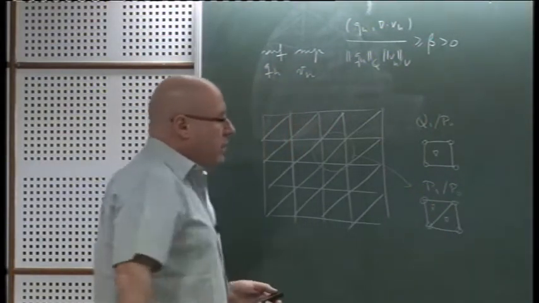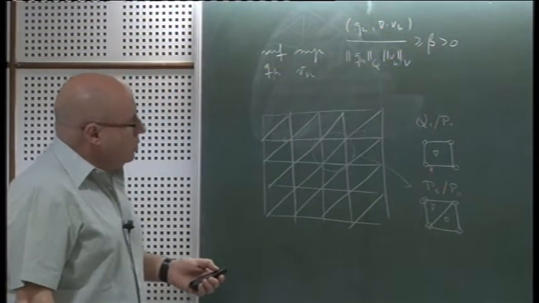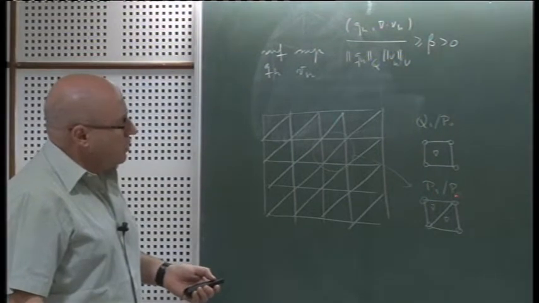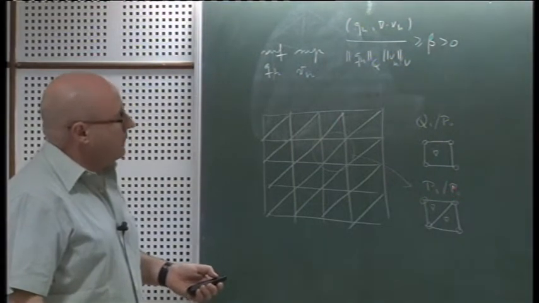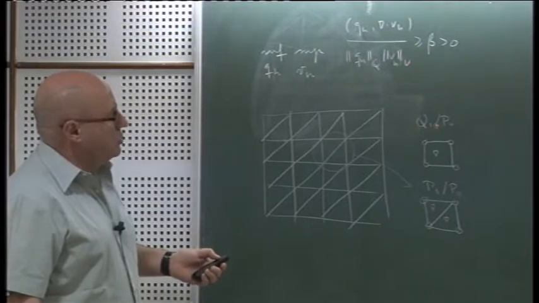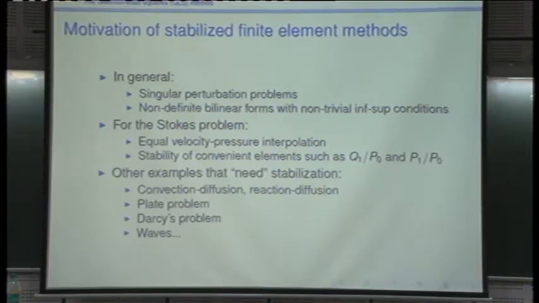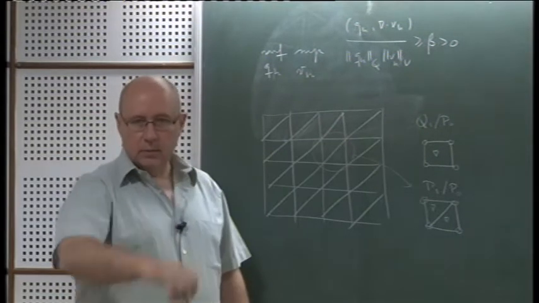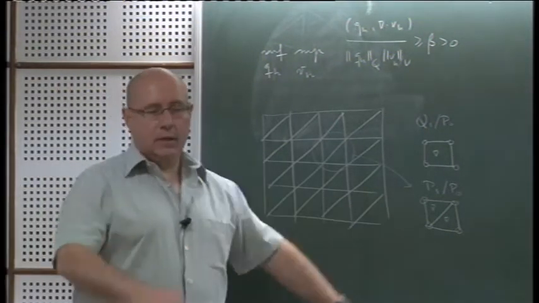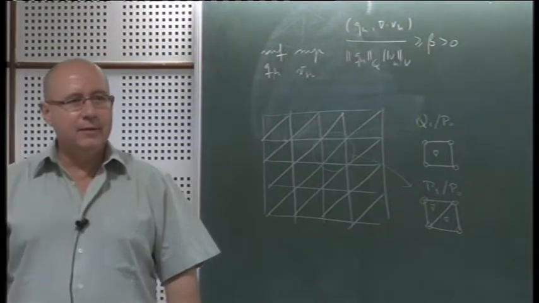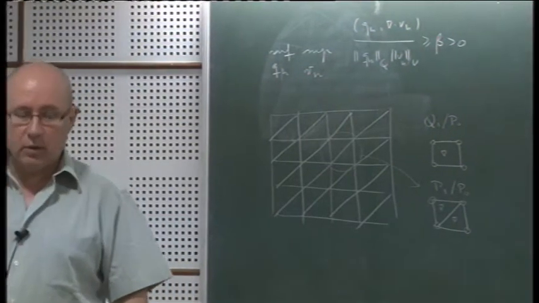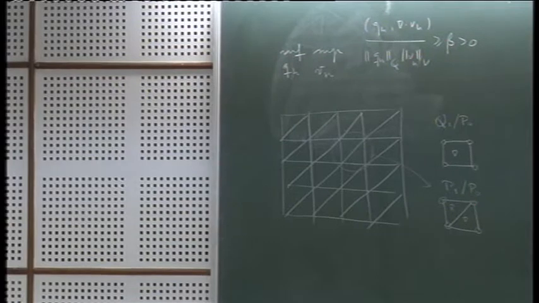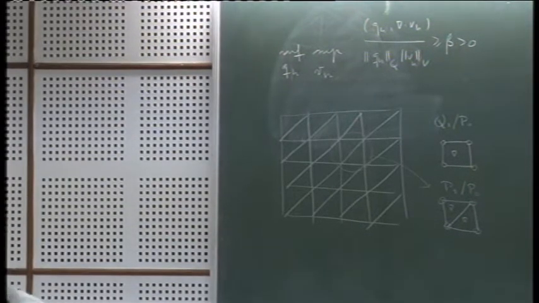So in the P1, P0, the ratio of velocity unknowns over pressure unknowns is 1/2 of the ratio of velocity unknowns over pressure unknowns in the Q1, P0. Okay, if that element was, you know, there in the border, this is definitely on the bad side of the border. Okay, do you understand what I mean? So the element P1, P0 is very unstable, very unstable.